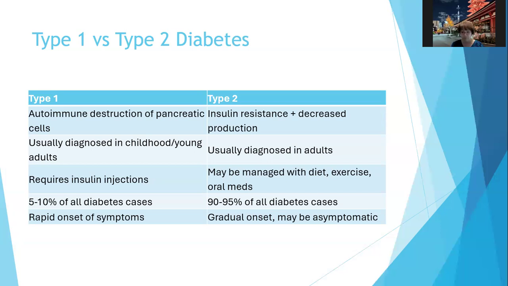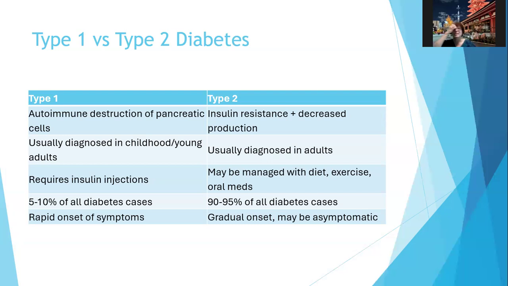In Australia, they have done successful pancreas transplants, and that's considered a cure for type 1 diabetes, which is pretty cool. 5 to 10% of all diabetes cases are type 1, so a pretty small percentage. And that's rapid onset of symptoms.